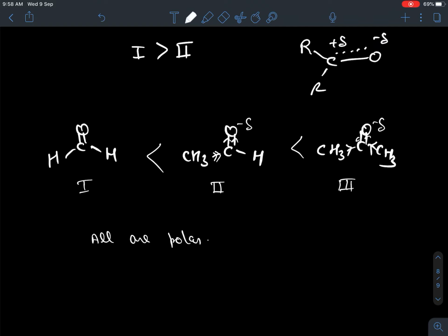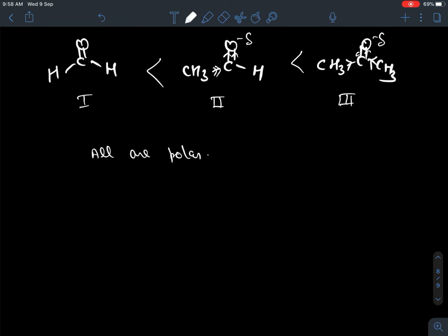Now let us compare their boiling points with other organic molecules of relatively similar molecular weight, like alcohol, carboxylic acid, ether, alkyl halide. Let me consider CH3COOH. What is special in that? It has the carbonyl center, it is polar.